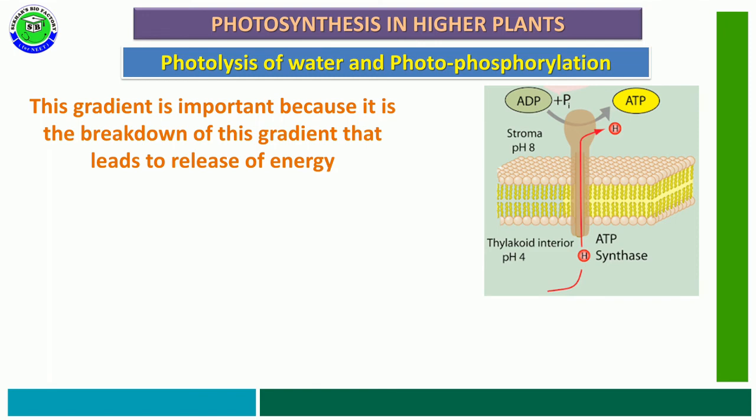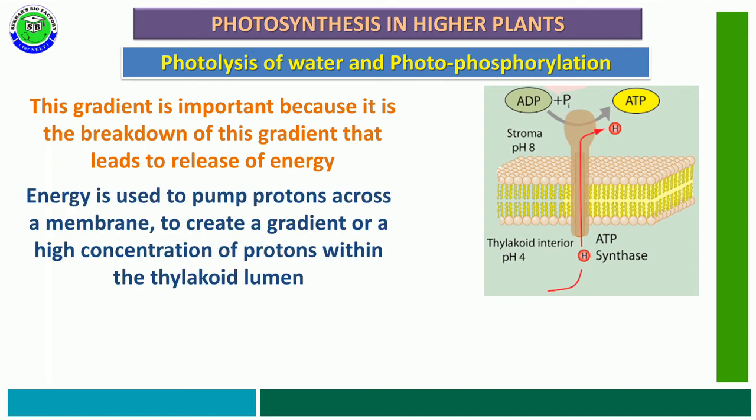This gradient is very important for phosphorylation, because the proton gradient breaks down due to the release of H+ ions from the lumen to the stroma, and at this time energy is released.